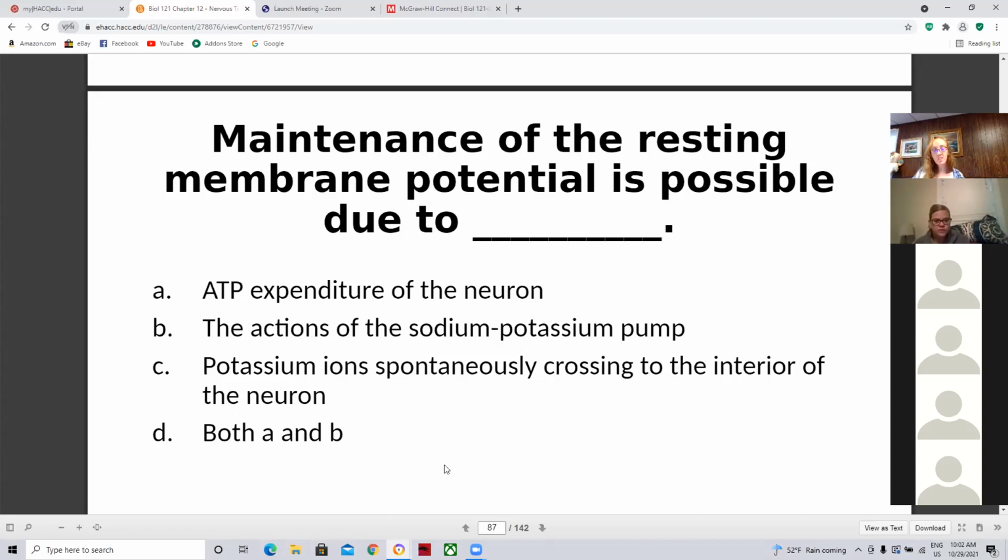Because we're constantly making the separation in charge by the sodium and potassium pump that's moving things against their concentration gradient. And this pump requires ATP. That's why you're right. Does that make sense? Yeah, you just put it better than I would have.